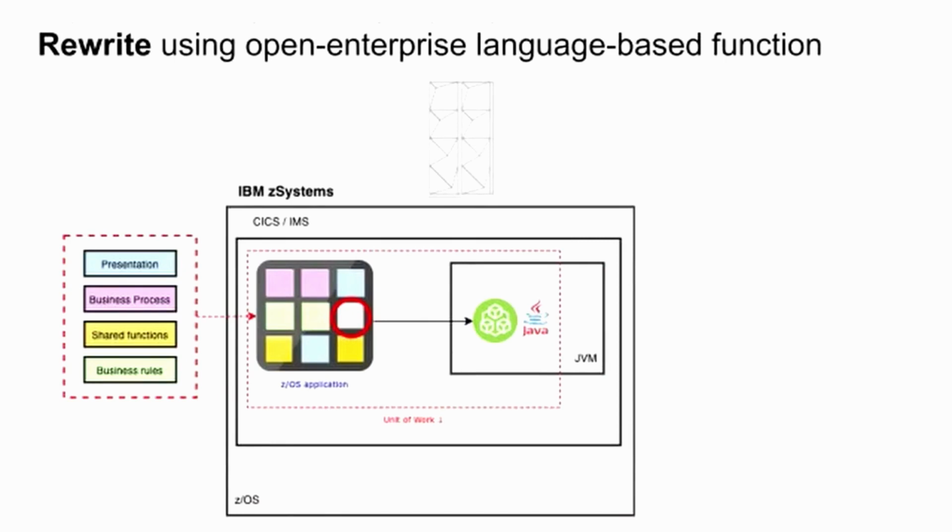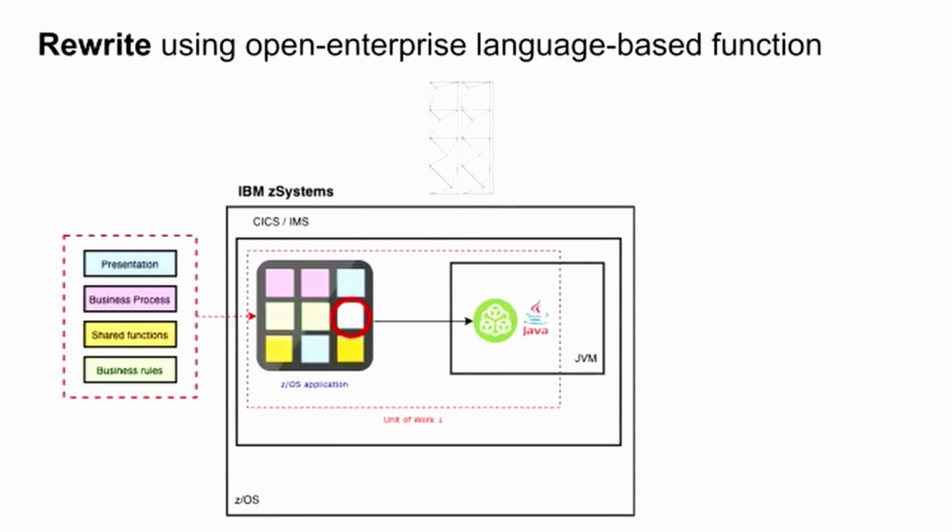So one of the patterns we see a lot is rewriting using open enterprise language based functions. So in CICS, customers have very large application portfolios, and we've got a great Java runtime in CICS.